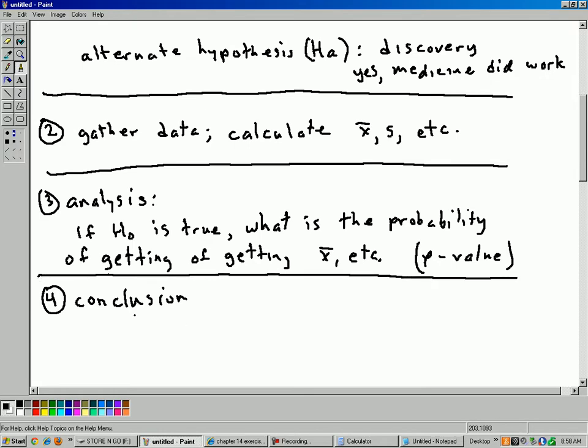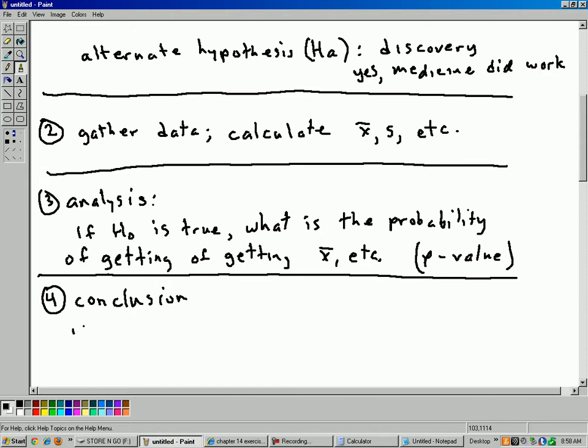All right, so let's suppose that the p-value is really low. Let's say that you do the analysis and you make a statement. If the null is true, there was only a 1% chance of getting this particular X bar that we got, let's say. And so then you would say, I don't think that null is actually true anymore.